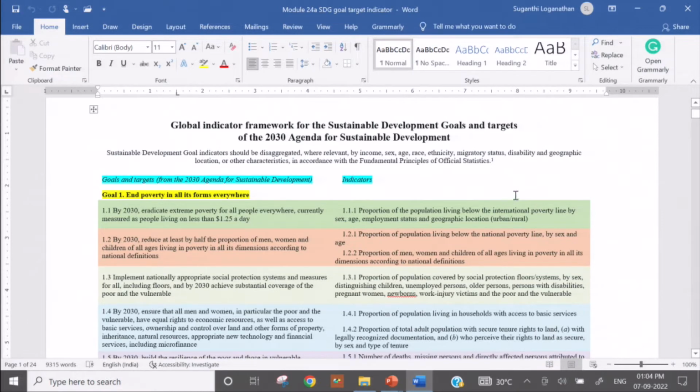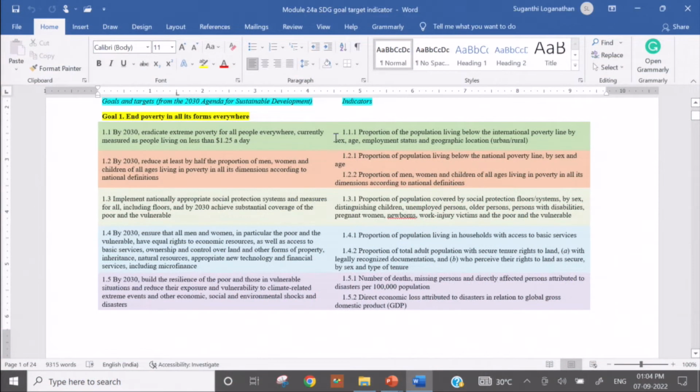If we take SDG 1, which is end poverty in all its forms, we find that there are 5 targets specified. If we take target 1, by 2030 eradicate extreme poverty for all people, we find that it has one indicator, mentioned as 1.1.1: proportion of population living below the international poverty line, divided by sex, age, employment status or geographical location.